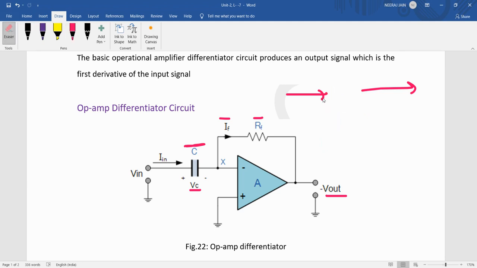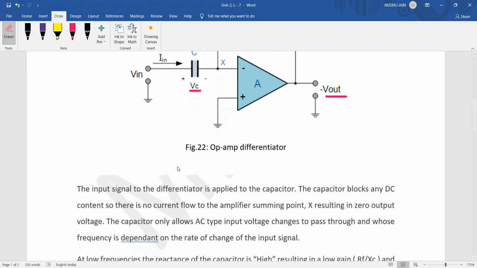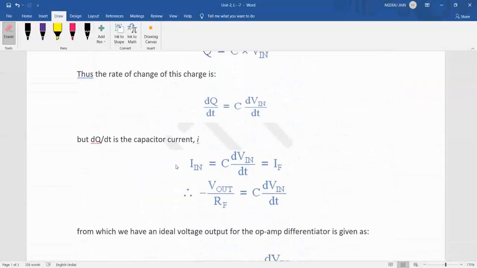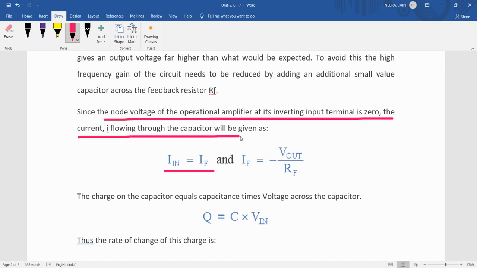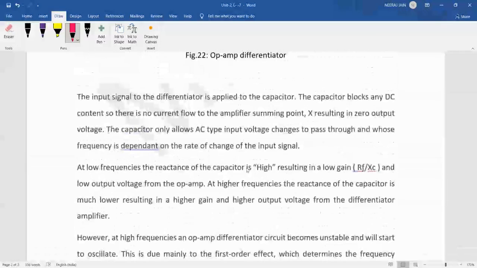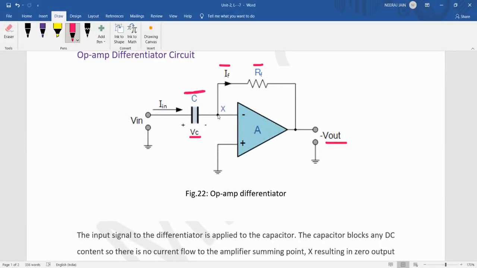Now mathematically we will see how we achieve it, because we know that In is equal to If. Since the node voltage of the op amp at its inverting input terminal is 0, the current I flowing through the capacitor will be given as shown here. It is a virtual ground. This point is a virtual ground.